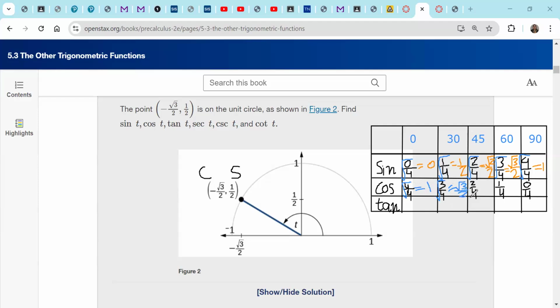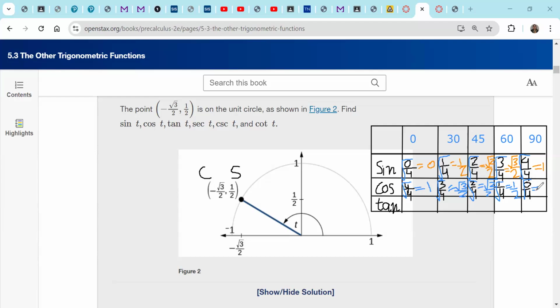When we take a square root here, it's square root 2 over 2. When we take a square root here, it's 1/2. Square root of 1 is 1, square root of 4 is 2. 0 over 4 square root is 0.